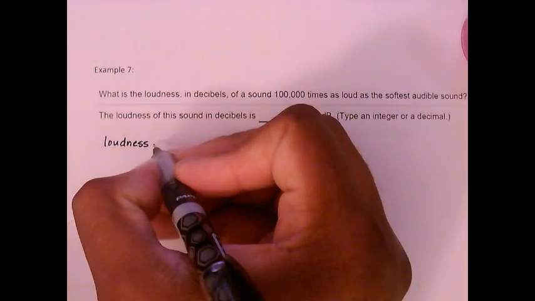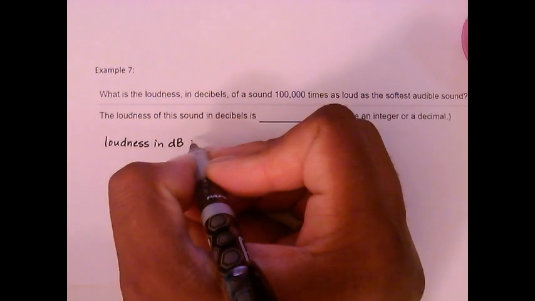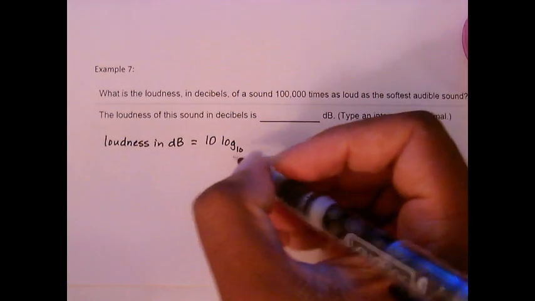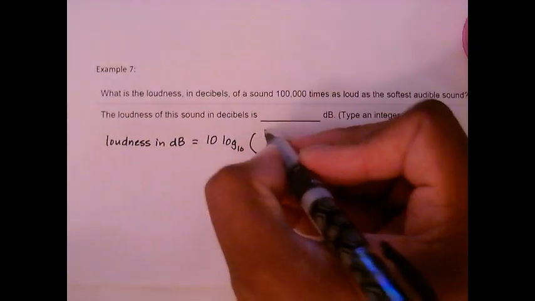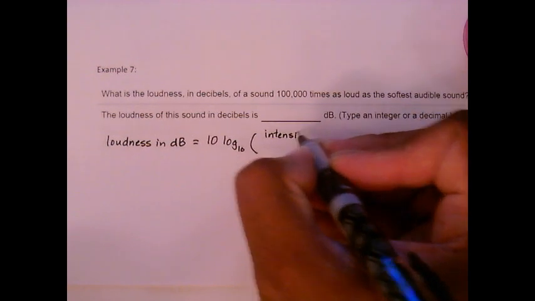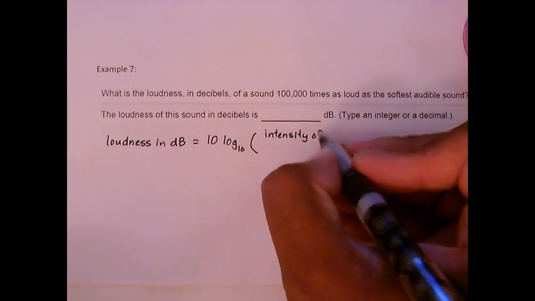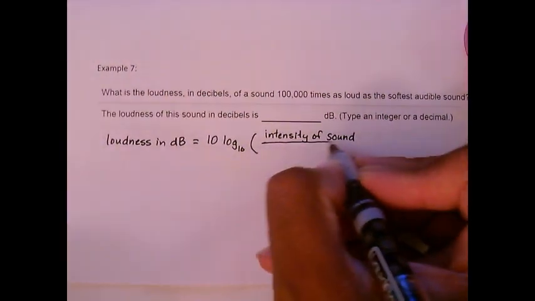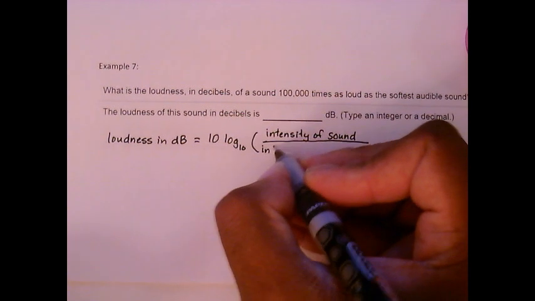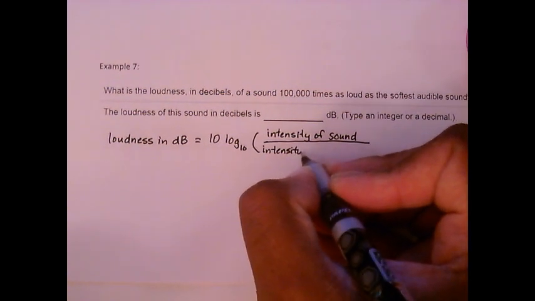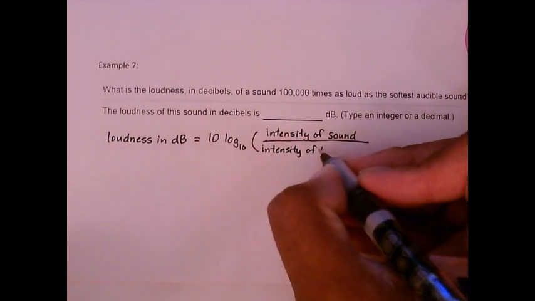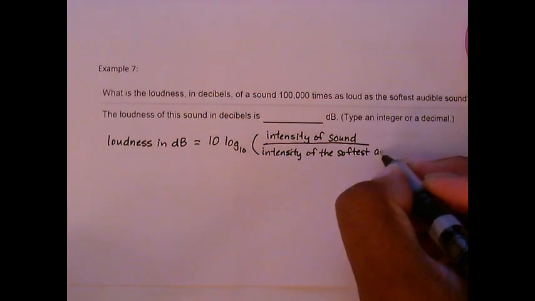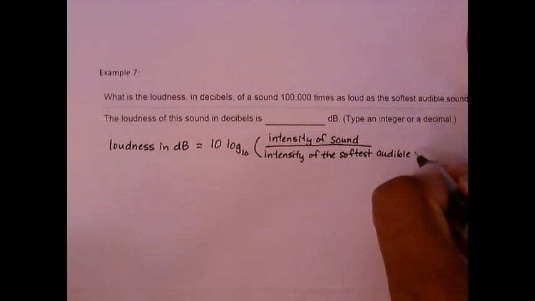The loudness in decibels, which is going to be dB in short, is equal to 10 times log to the base 10 of the intensity of the sound divided by the intensity of the softest audible sound.